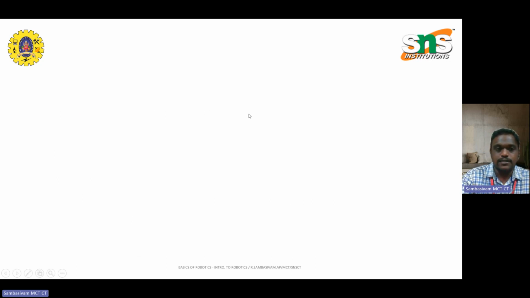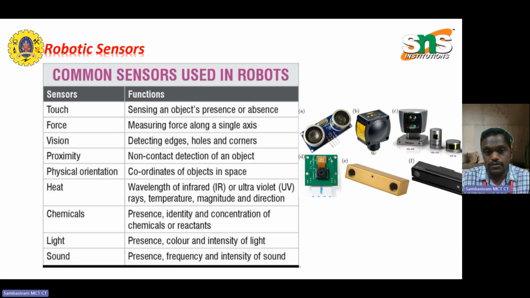As I said, the different types of sensors used in robotics are touch, force, vision, proximity, physical orientation, heat, chemicals, light, and sound. The touch sensor is used for sensing an object's presence or absence. The force sensor is used for measuring the impact along a single axis.